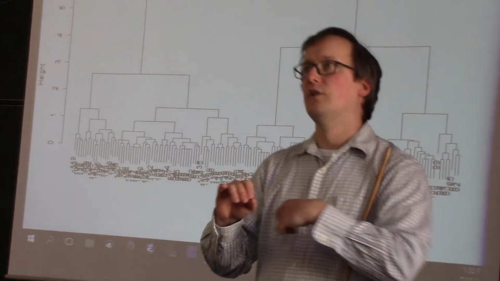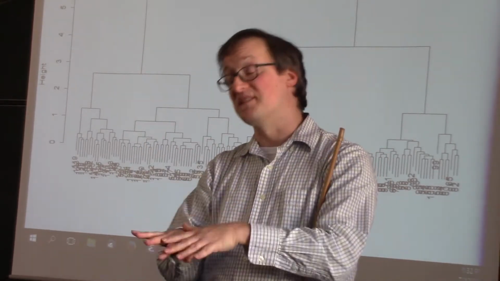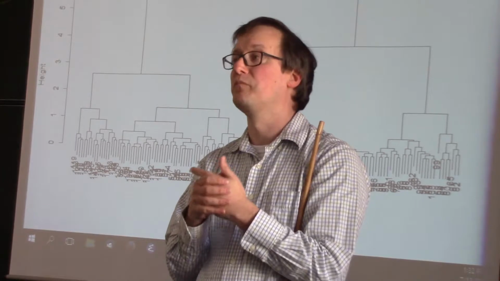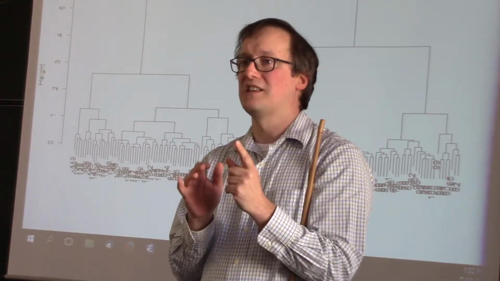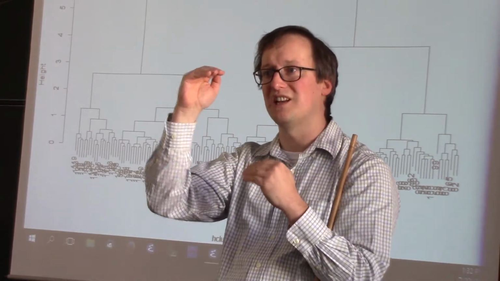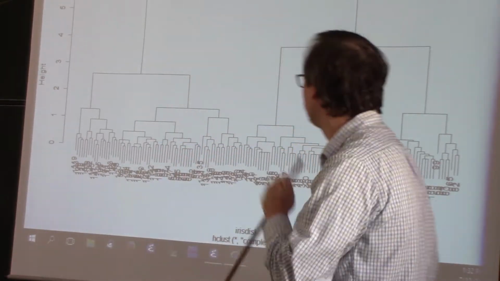So those forks, their positions in the vertical scale, tell us about the order in which these merges were carried out. The next thing that they tell us is that there's some spacing that appears between these different forks, and it's not uniform in spacing.